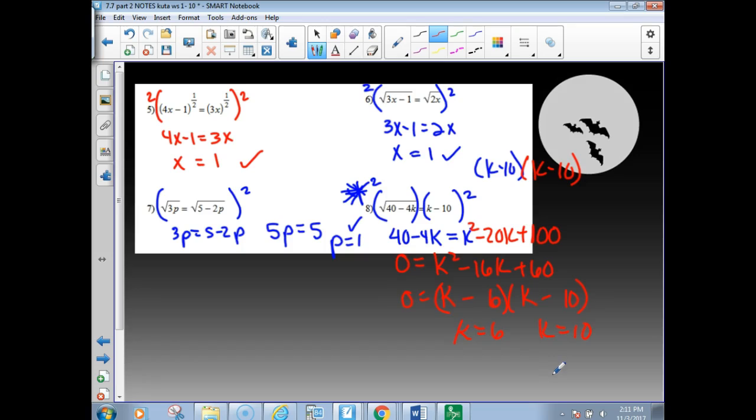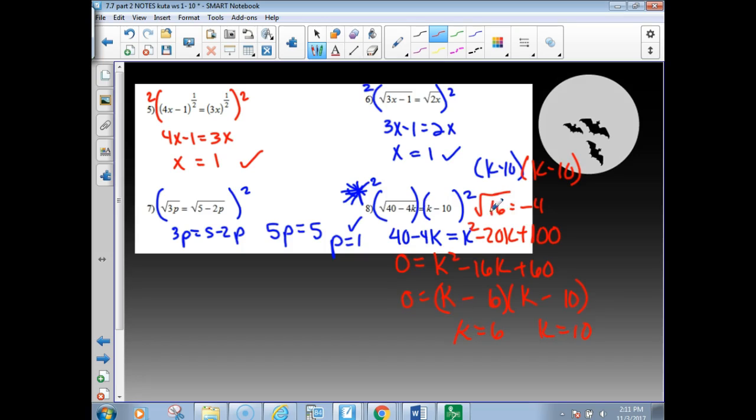We finally need to check if both of the solutions work within the confines of the original equation. And one of them will not. If you put 6 in on the right side, 6 minus 10 is negative 4. If you put 6 in the left side, the square root of 40 minus 16 would be, 24? No, 40 minus 24 would be 16.